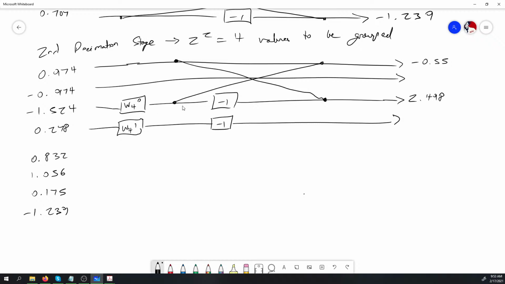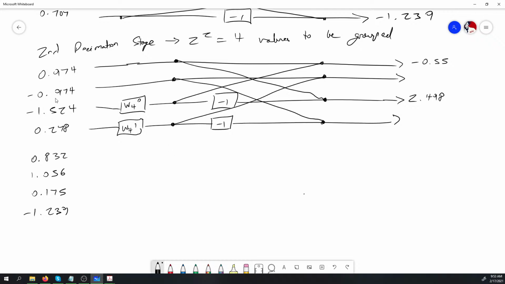Then we need to move to the next butterfly to be drawn. We watch the second value that doesn't have any twiddle factors associated with it, and we match this to the second value that does have twiddle factors and negative ones associated with it. So we put our butterfly cross point here, matching it to this, and then we put our next butterfly cross point here, matching it accordingly.